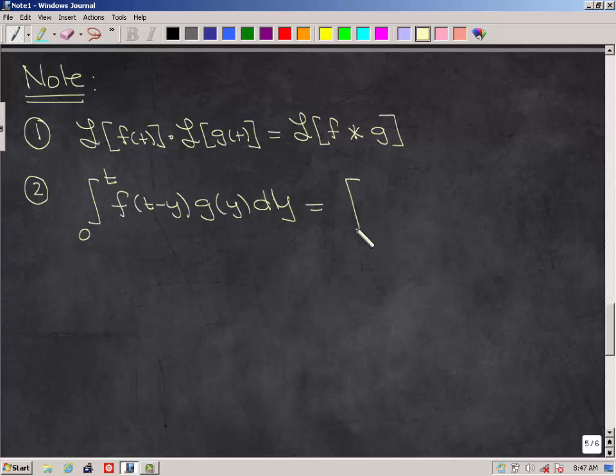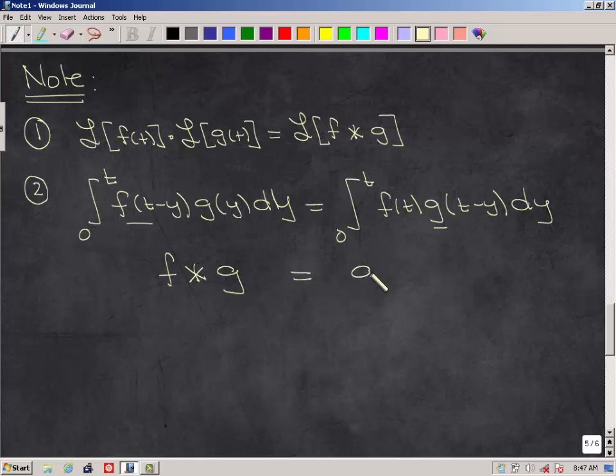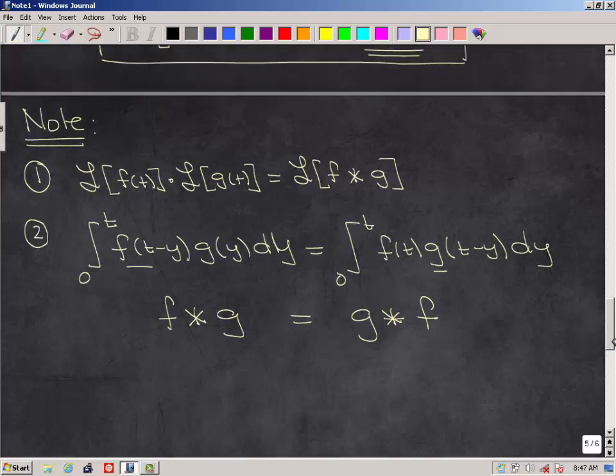So this is the same as integral 0 to t f of y g of t minus y dy. So these two are the same. It doesn't matter whether we translate f or we translate g. So f star g is the same as g star f. That's what it basically means. So keep that in mind. It will not matter which one you translate. If you do the integration correctly, both of them will work out exactly the same. All right, so those are the two quick notes on convolution.